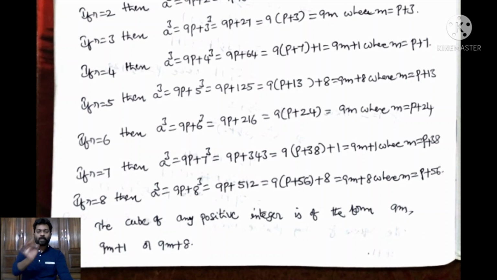That equal to 9p plus 512. 9 is common again. 9 into (p plus 56) plus 8 is equal to 9m plus 8, where m equal to p plus 56. Let us observe, the cube of any positive integer is of the form 9m, 9m plus 1, or 9m plus 8.